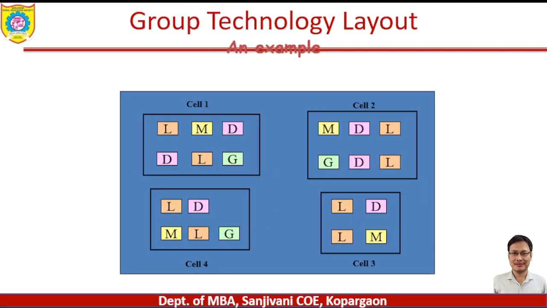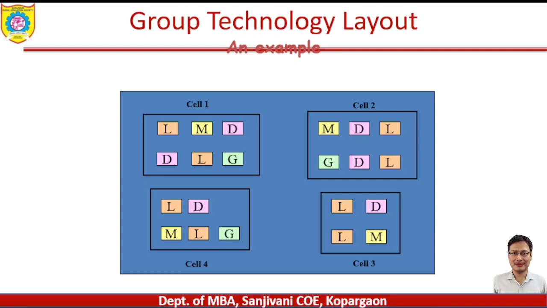The main idea behind group technology layout is to group similar processes and products together in order to increase efficiency, reduce production time, and lower costs.